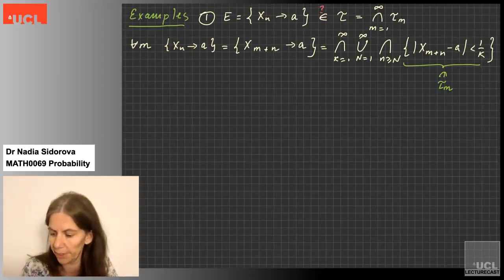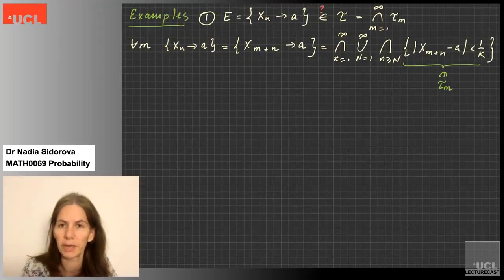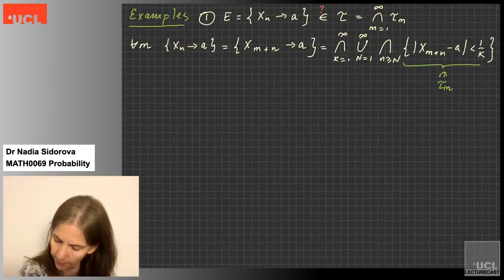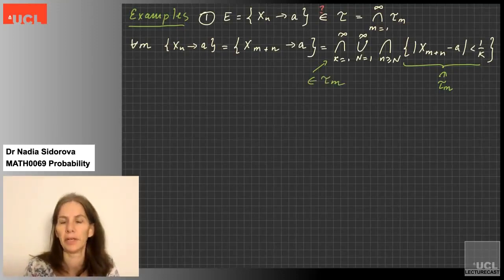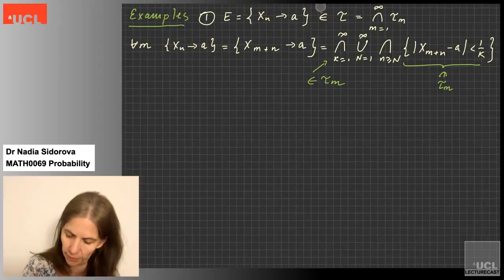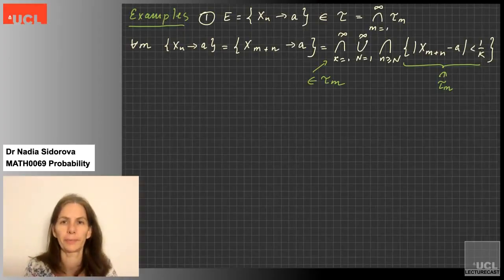And then I'm taking some unions, some intersections, again some unions, but if I'm doing so with the sets from tau n to m, then I get a set from tau m. So this whole set belongs to tau m, right? And this means we have formally proved that our event is a tail event.